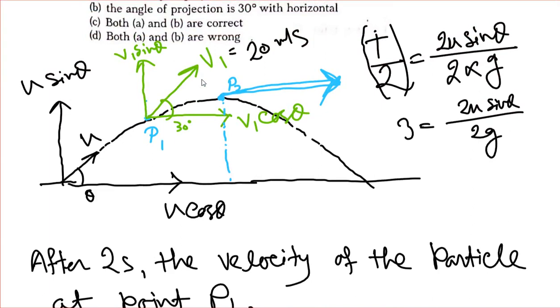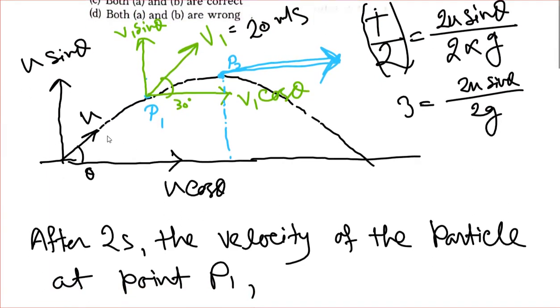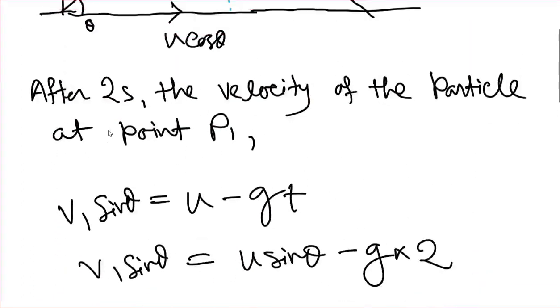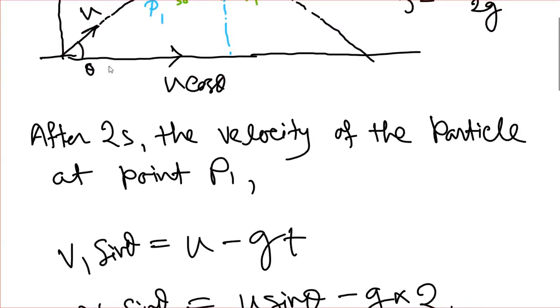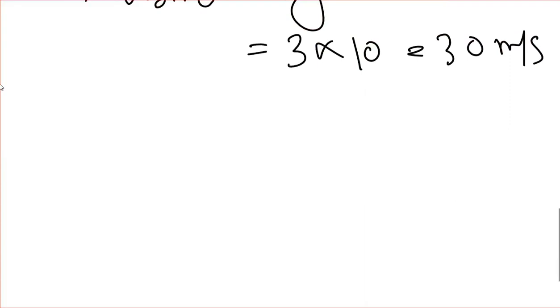So at this point p1 and p2, that is the horizontal velocity that is equal to the ground level horizontal velocity. So let's take that the horizontal velocity at point p1 is v1 cos theta, so it will be equal to the horizontal velocity ground level u cos theta. Okay, so it will be that v1 cos theta.